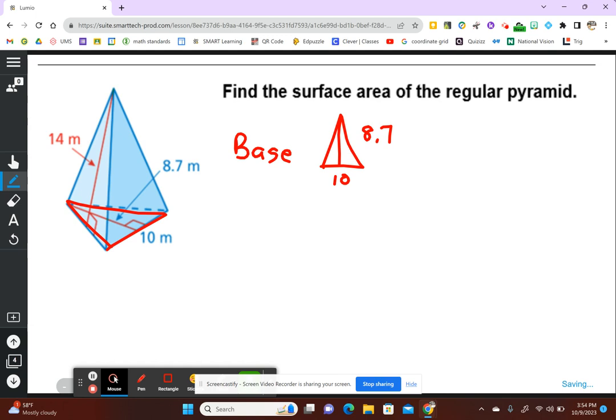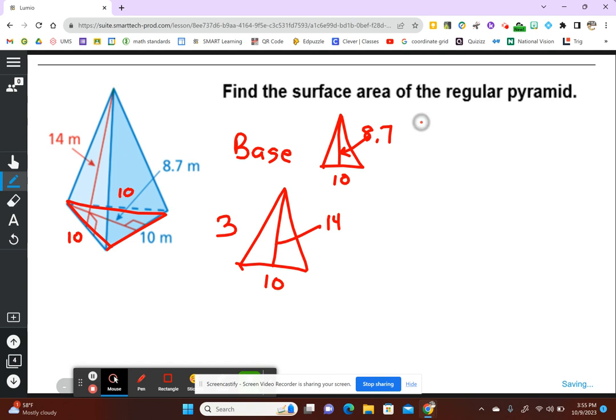But then you're going to have 3 different triangles. Like this is 8.7. So this is 10 and this is 10. So now you're going to have 3 triangles who have a base of 10 but a height of 14. So there's going to be 3 of those.